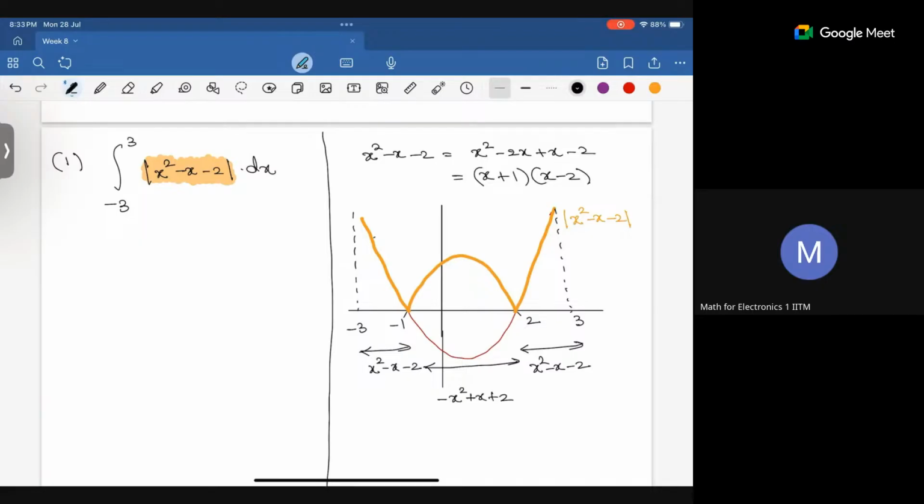So what will we do? We know that for computing the total area, we can compute it in intervals. So we'll compute this area first and this area separately, and also this area separately.